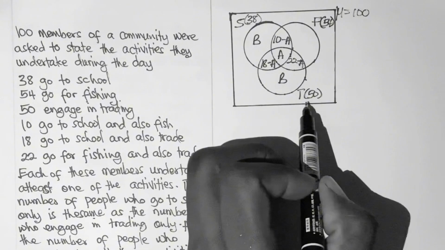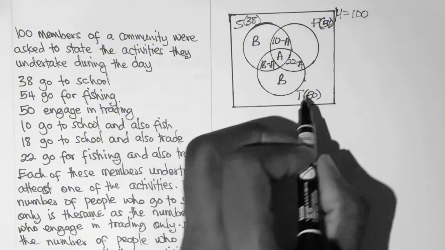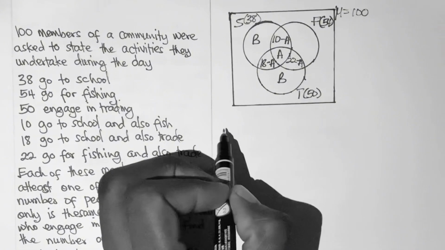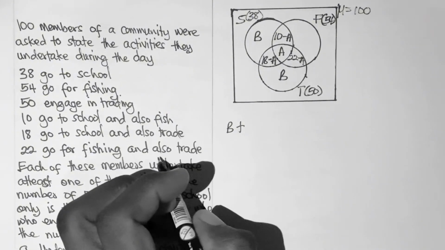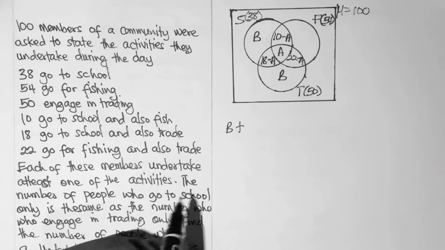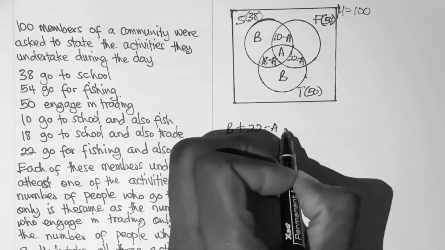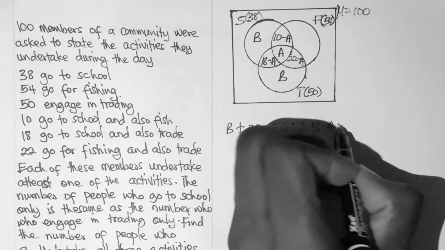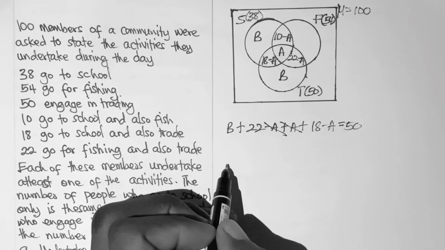Now, let's find this B. We know that the total number of people that belongs to the trade is 50. So B plus, we are summing everything in this region. So B plus 22 minus A plus 18 minus A is equal to 50. So plus A minus A will cancel out.